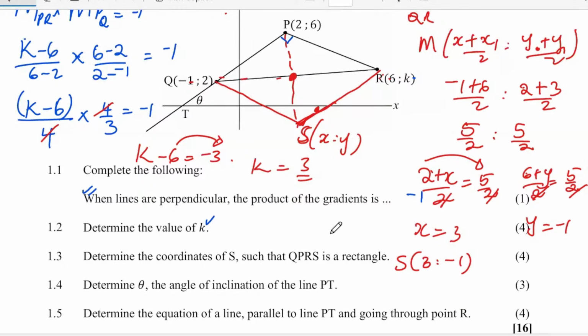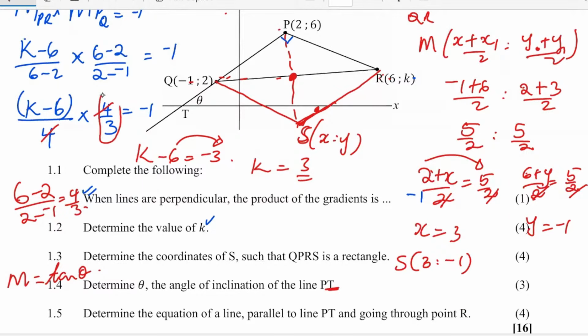And then 1.4, they want us to get the angle of inclination. With the angle of inclination, the formula is simple. We normally use gradient equals tan theta, so theta must be the arctan of the gradient. So what is the gradient of this? If we get (6 minus 2) over (2 minus minus 1), it becomes 4 over 3.